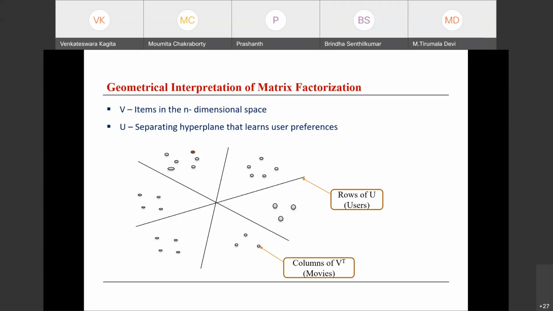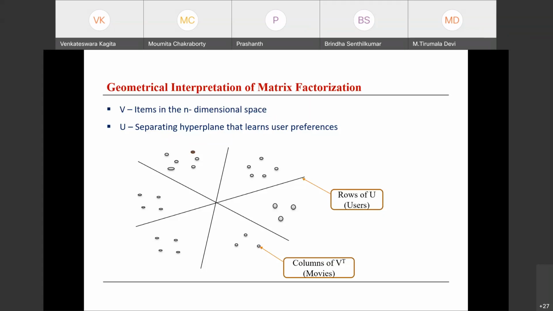Similarly, V is also representing the items and it has got k dimensions, or d dimensions, n dimensions, whatever you call that. So this can be represented as the items in the d-dimensional space, and you can plot them. Let's say if the number of dimensions is 2, you can plot all the items, right?